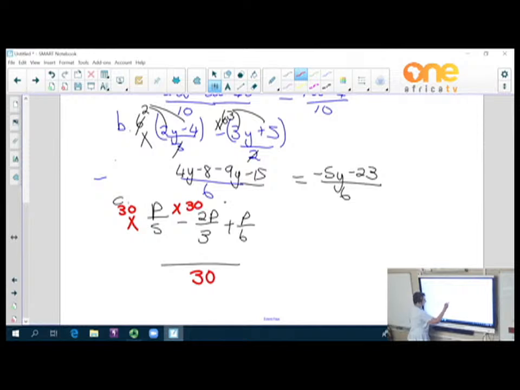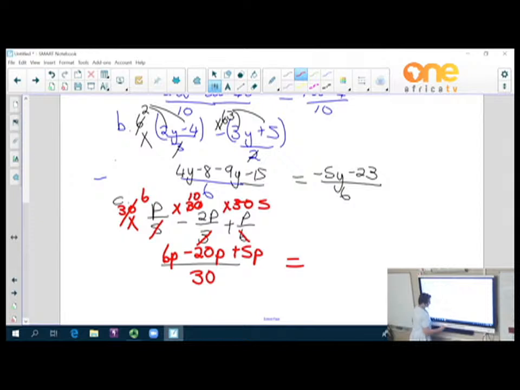You multiply each one with the LCM and cancel. So then it is 6p. Here it cancels in minus 20p. 6 divides into 30 5 times, plus 5p.